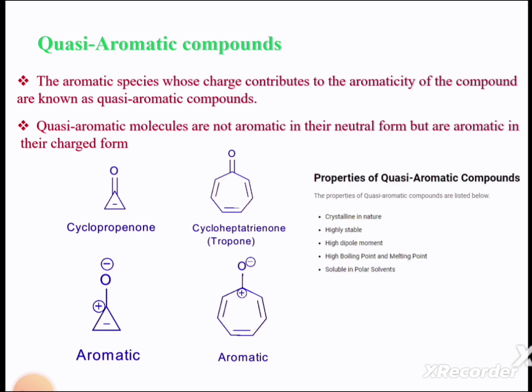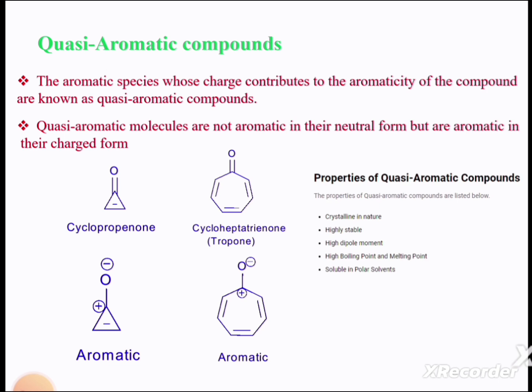So these are the different quasi-aromatic compounds. If we look at the properties, these quasi-aromatic compounds are crystalline in nature, highly stable, with high dipole moment. If you look at this molecule having both positive and negative charge as ionic species, we can see the high dipole moment.